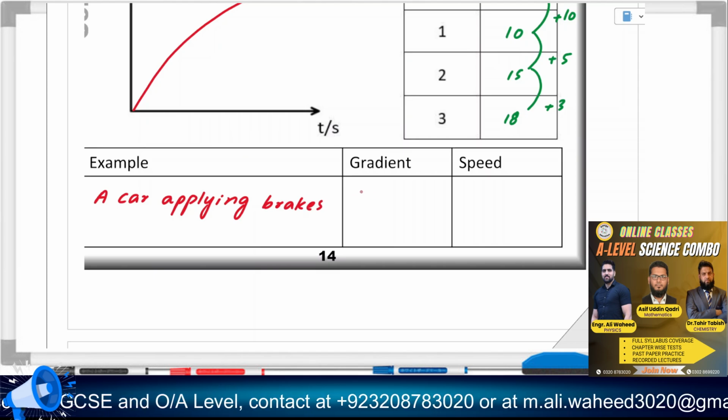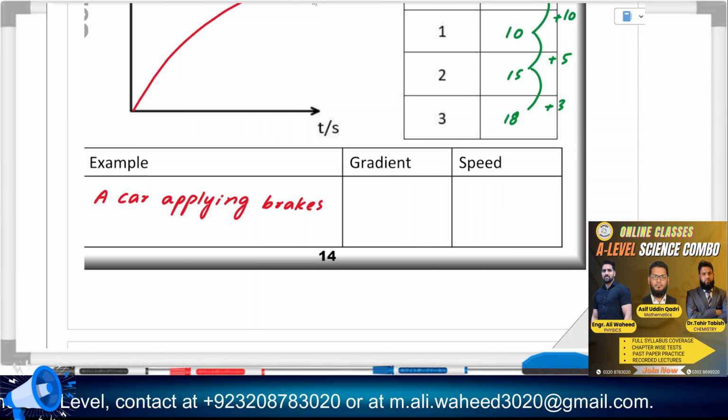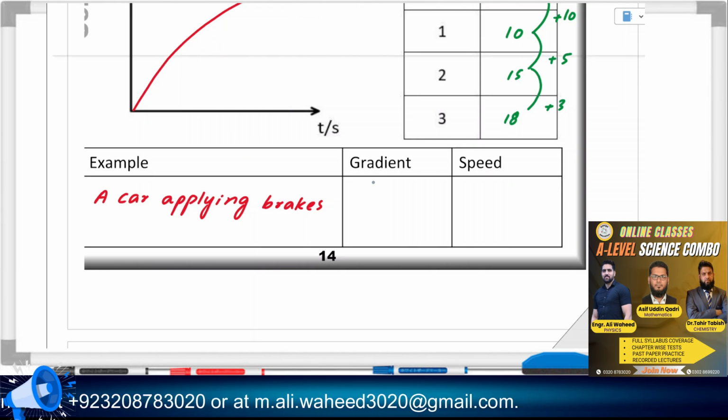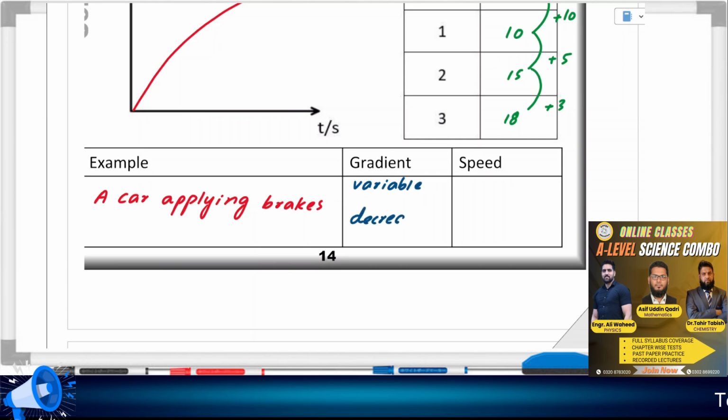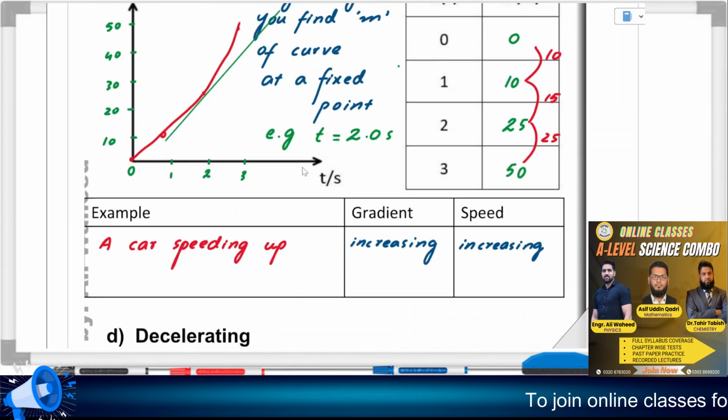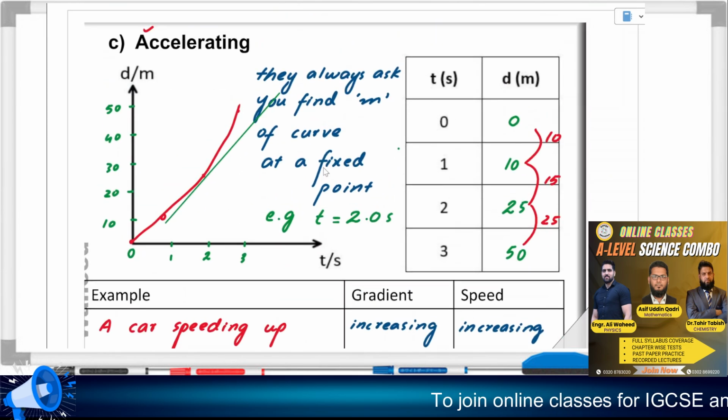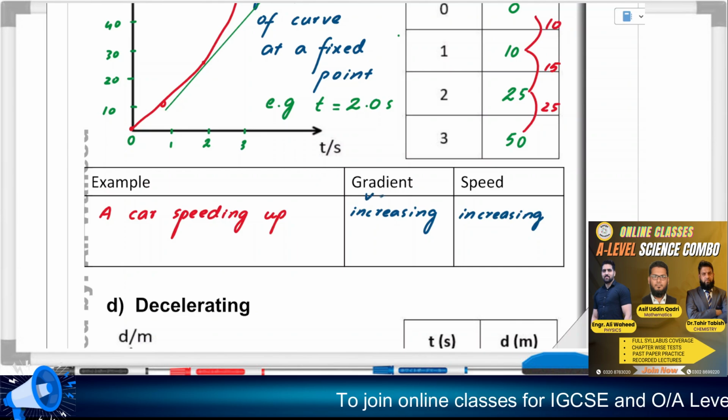Is the gradient constant or variable? Sir, it can vary, it can decrease. Yes, for variable we have two options. It could be increasing, like in the previous example, where the gradient was also variable, but in that case it was increasing.